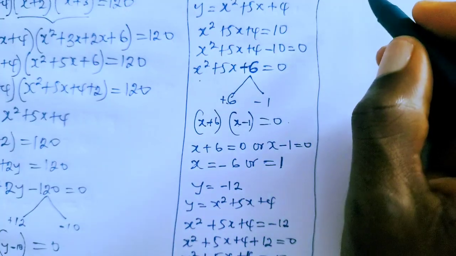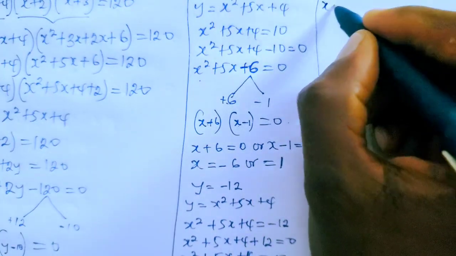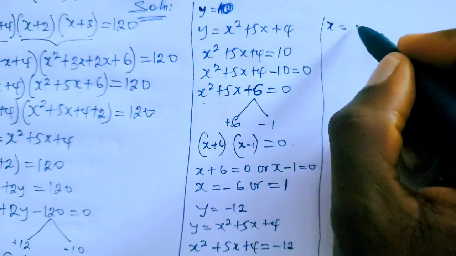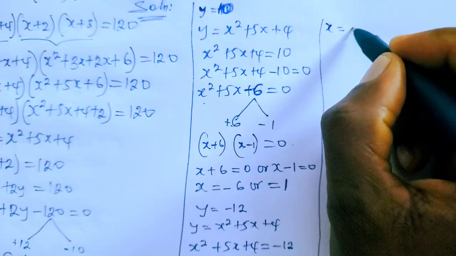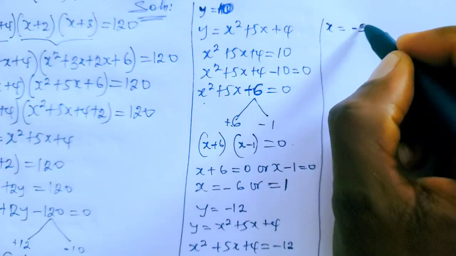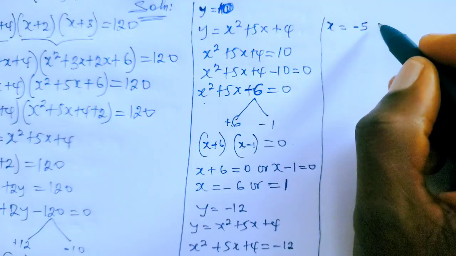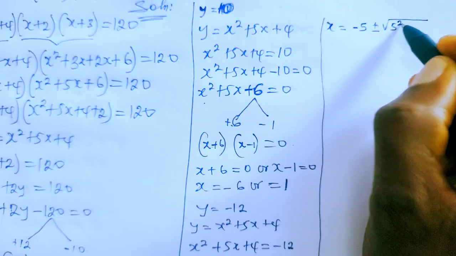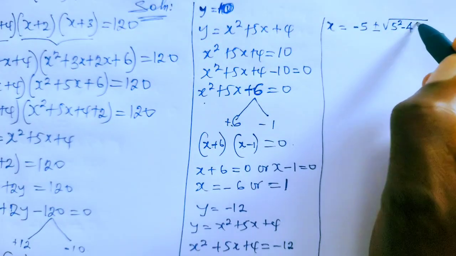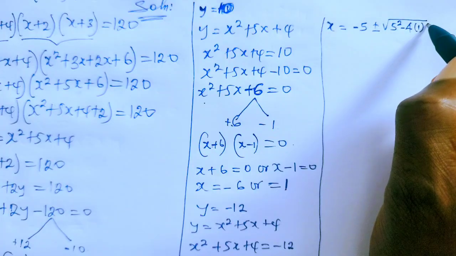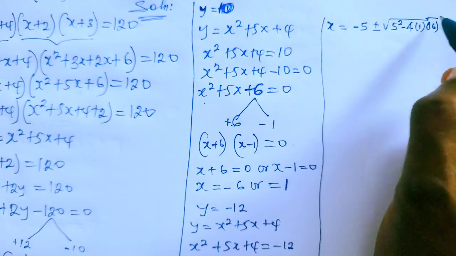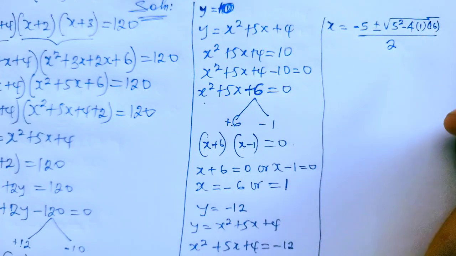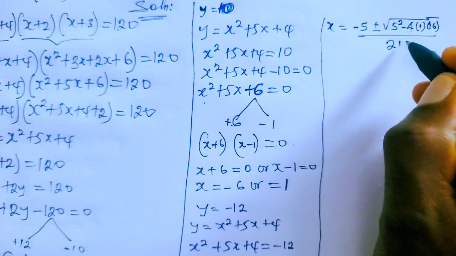Now, substituting this into the formula, x equals minus b, where b is 5, so we have minus 5, either positive or negative square root of 5 squared minus 4 times a, which is 1, times c, which is 16, all over 2 times a, which is 1.